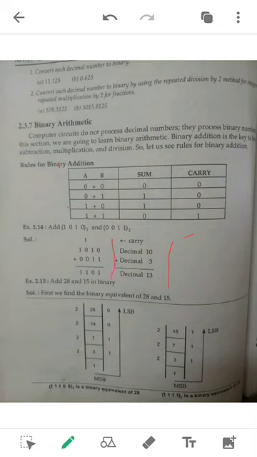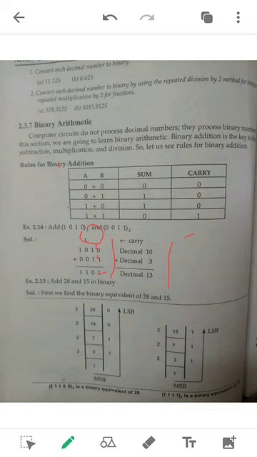So 0 plus 1, how much is the sum? The sum is 1 here. Next, 1 plus 1, means A is 1 and B is 1. Then you get the sum 0 and a carry.